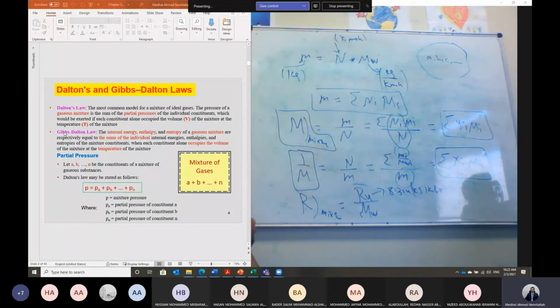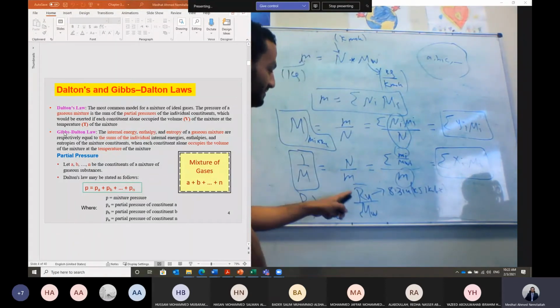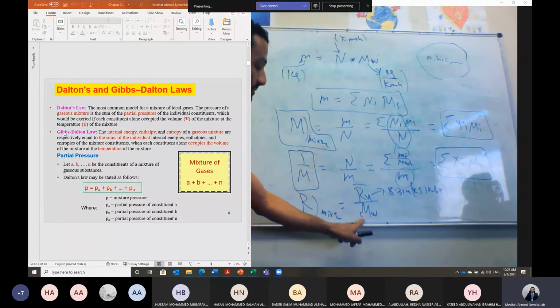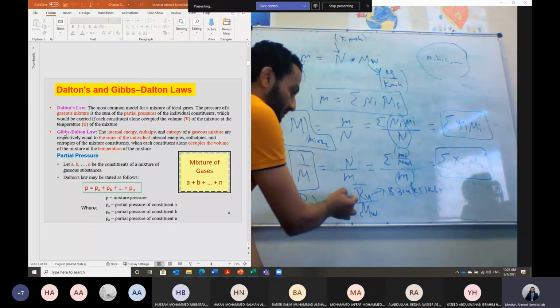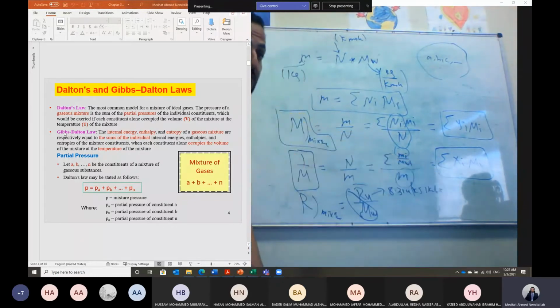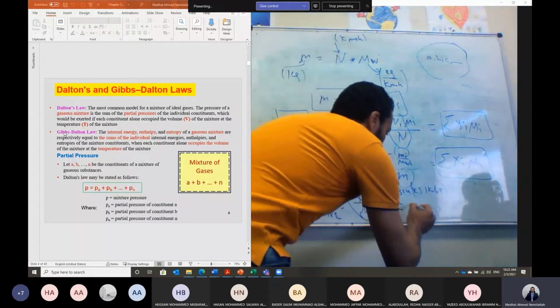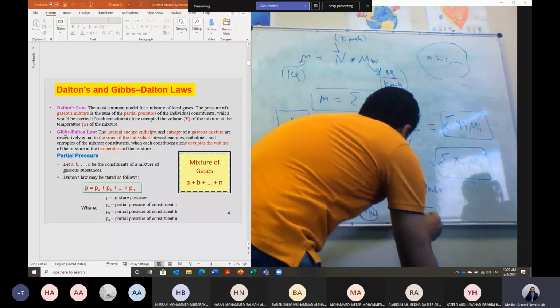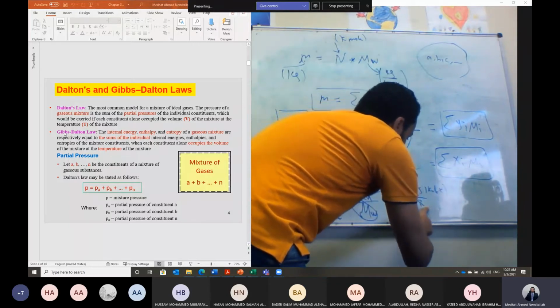After 5 years or 4 years in engineering school, this value should be in mind. Okay? That should equal the universal gas constant divided by the molecular weight. But we have 1 over molecular weight is equal to what? Summation of Xi over Mi. So that should equal R bar multiplied by the summation.